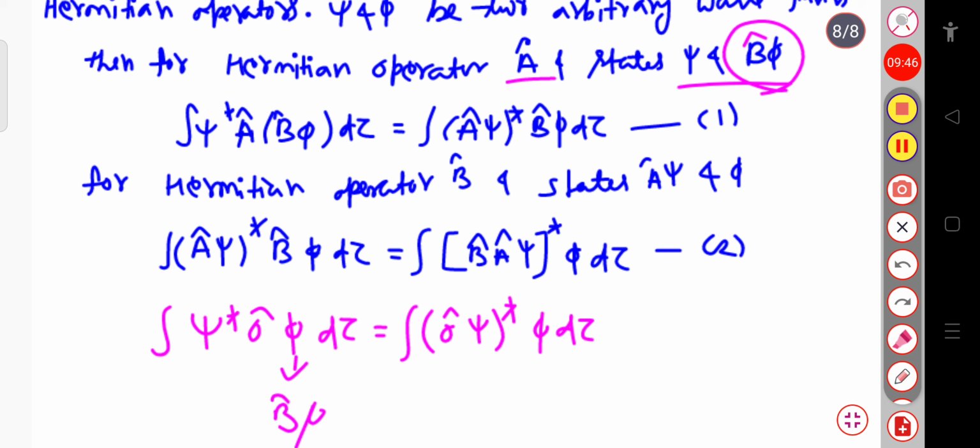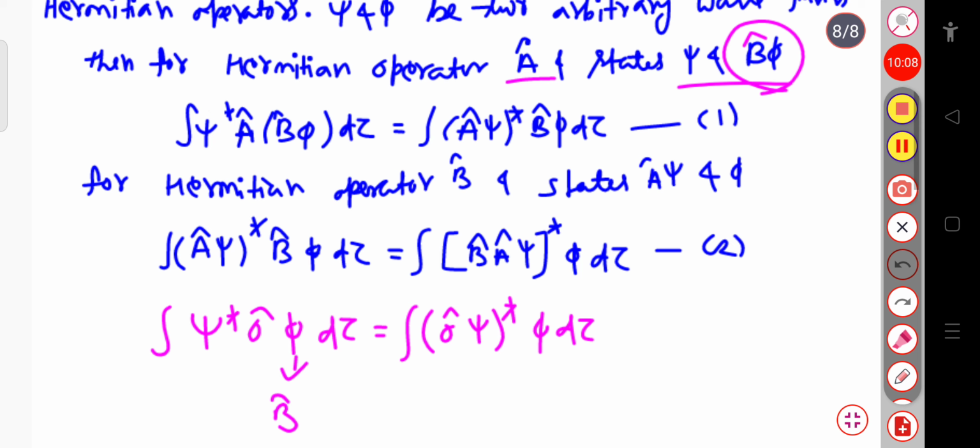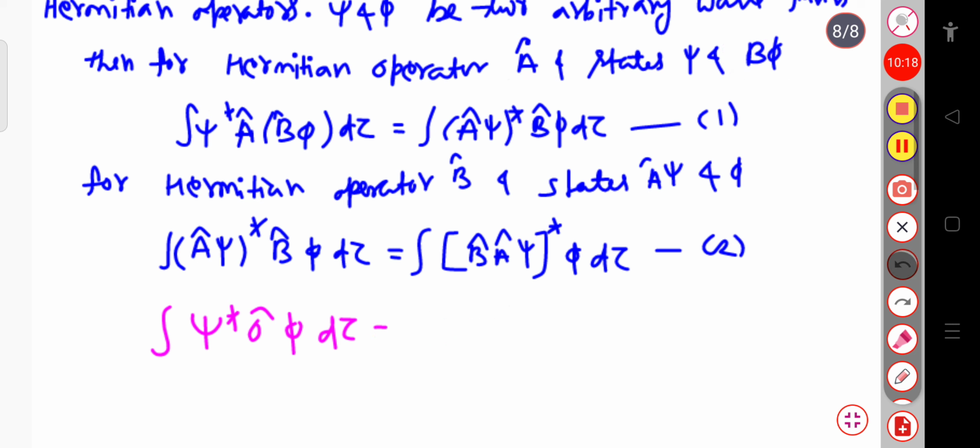So here you can see psi star, and in place of A cap here it is O cap, and in place of phi you will write simply B cap phi whole into d tau, then that is equal to, in place of O cap, this is A cap psi whole star, and in place of phi again it is B cap phi. This is the same expression, only you can see the changes are here. In place of psi you are taking A cap psi, and in place of phi we are considering B cap phi. Okay, so this is just the difference between these two.